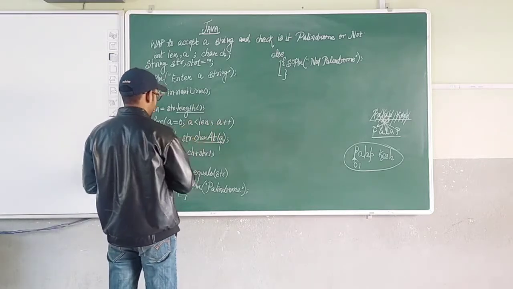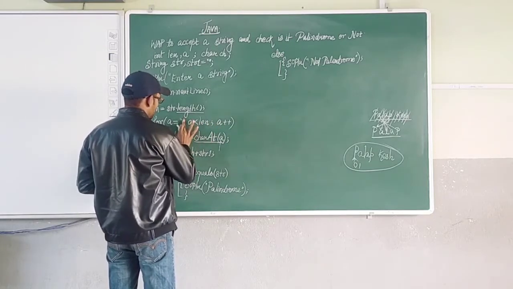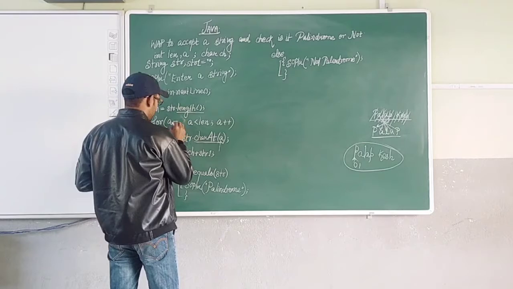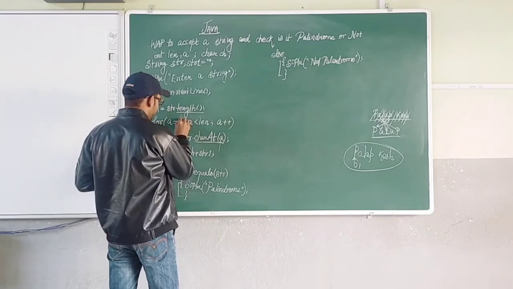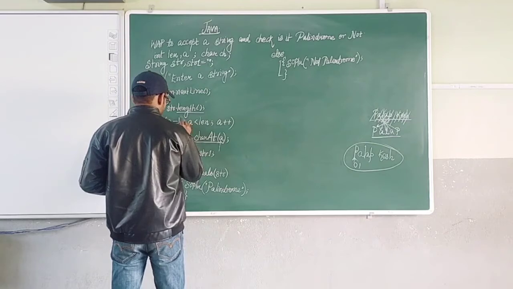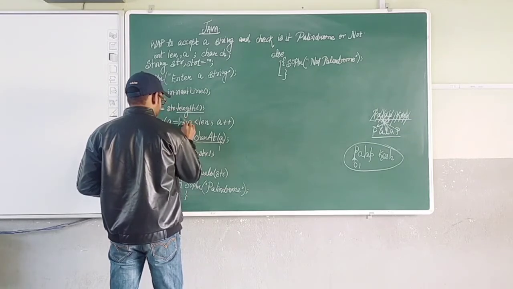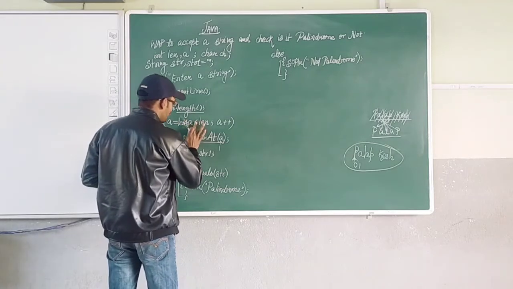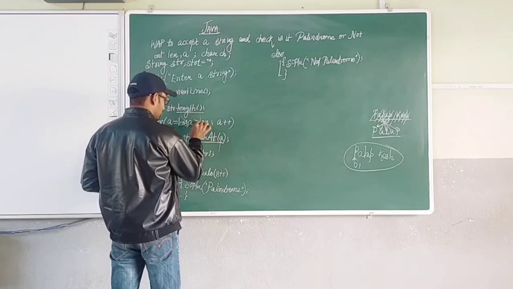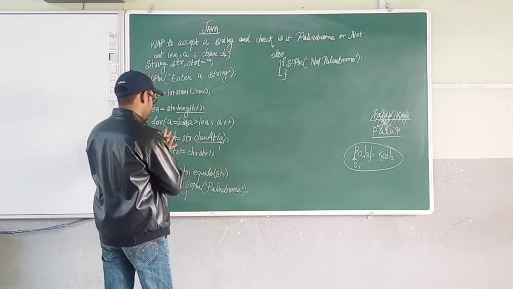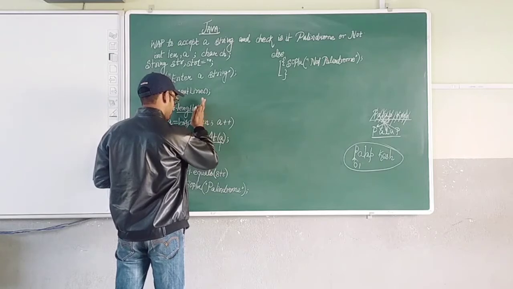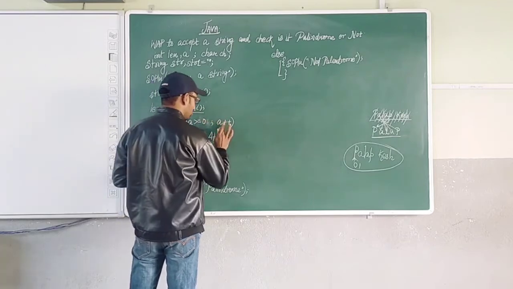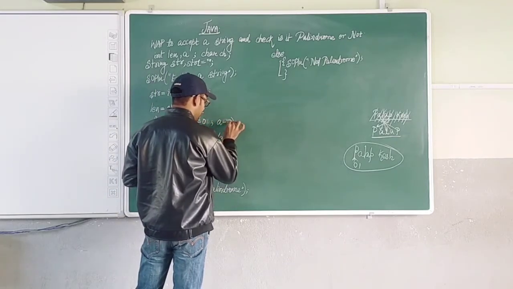we need to reverse it. This thing will be a is equal to len minus 1, a should be greater than or equal to 0, a minus 1.